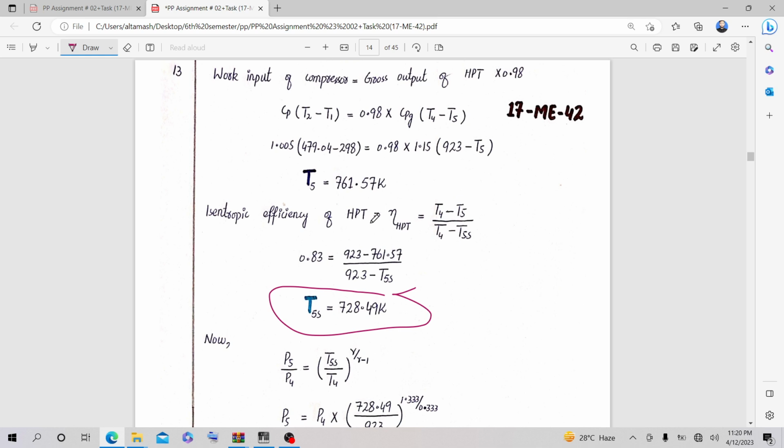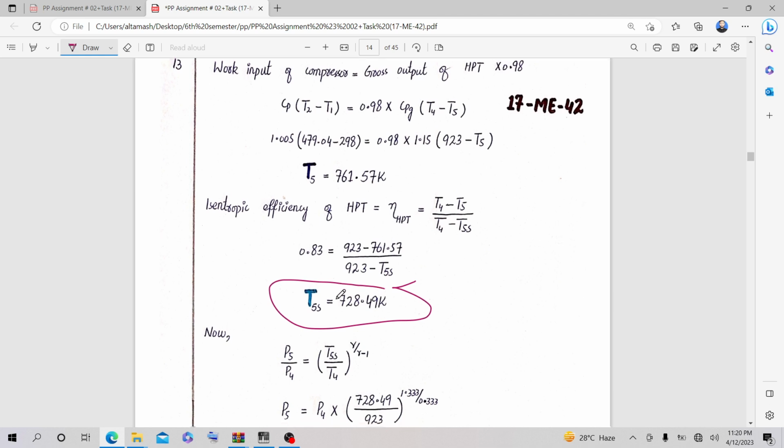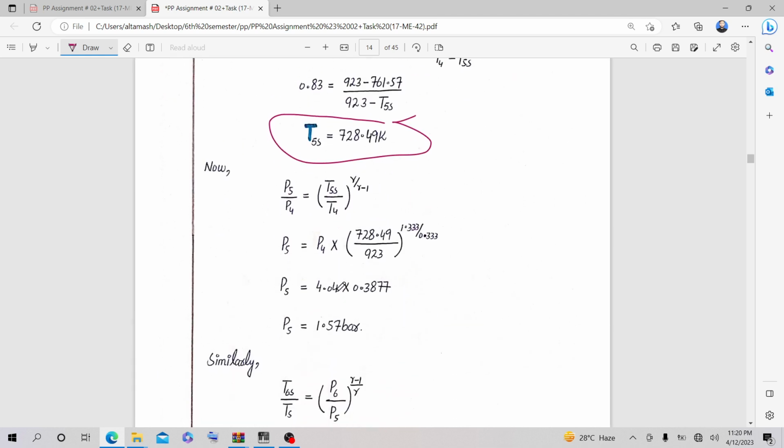And isentropic efficiency of high pressure turbine is equal to T4 minus T5 divided by T4 minus T5S, and T5 is 728.49 Kelvin. So simple. Now we will go along the same line, P5 by P4. It is the pressure ratio of the high pressure turbine, by this formula, compression ratio, and this is a formula from the basic knowledge of thermodynamics 1. And here P5 is equal to 1.57.